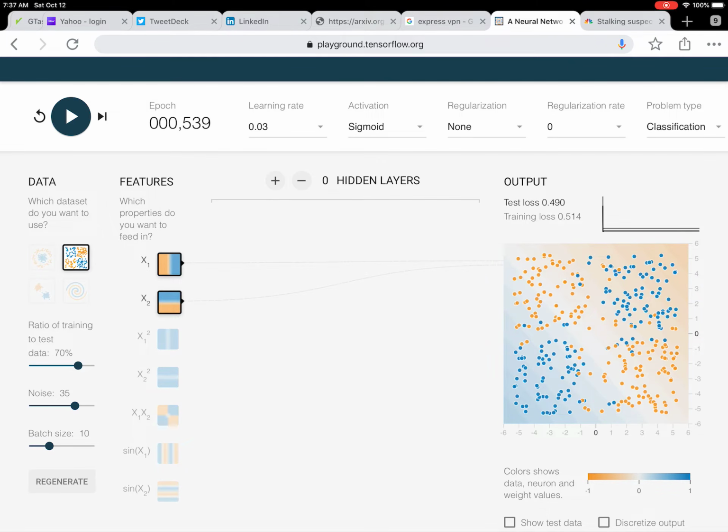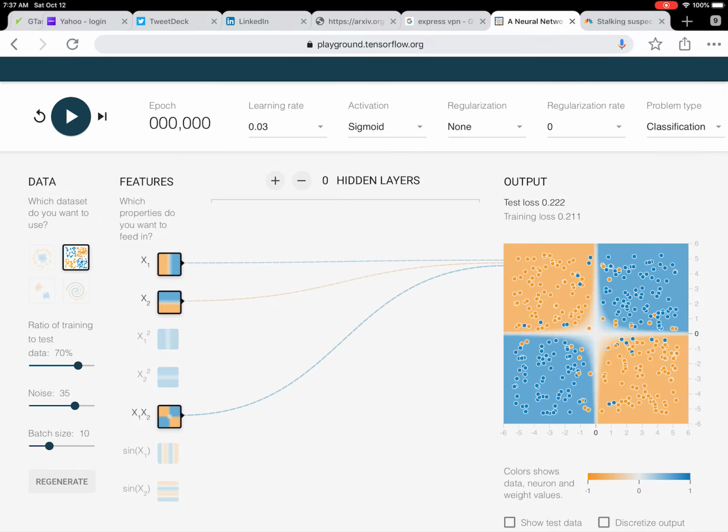In doing so, in essence, you are increasing the dimensionality of the input data. The interesting thing is that it could help the linear perceptron find a way of classifying this data. So for example, if I pick also x1x2, so now I have x1, I have x2, and I have a feature x1x2.